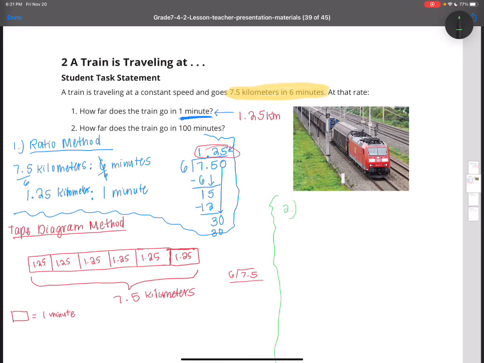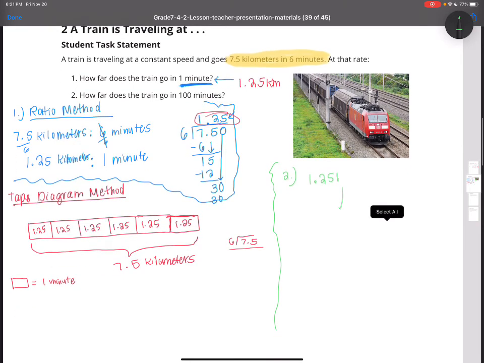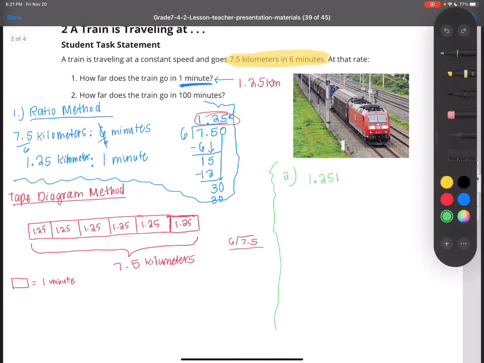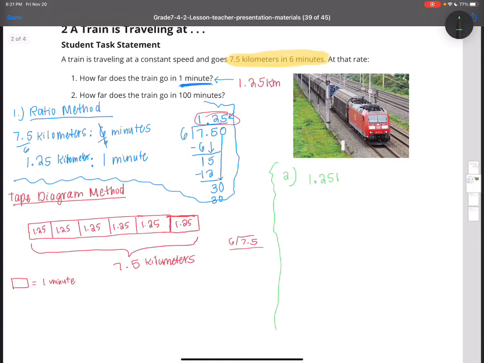Now I found the unit rate, okay? The train could travel 1 and 25/100 kilometers in 1 minute. So how many can it go in 100 minutes? Now, if you still want to use this ratio method, you can.